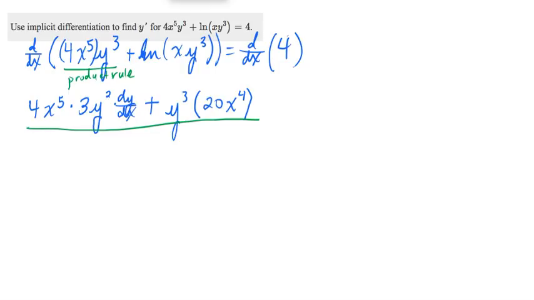Then we want to differentiate the natural log of x times y cubed. Again, we're going to use the chain rule because we have the natural log of a function. The derivative of the natural log is 1 over the inside function, xy cubed, times the derivative of xy cubed. Now I'm going to differentiate x times y cubed by the product rule.